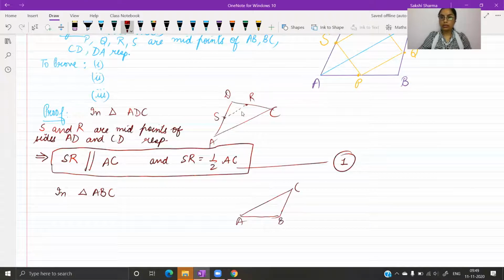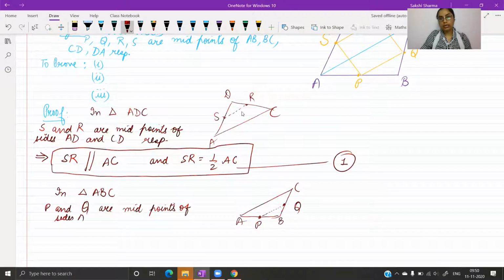In this triangle, I have midpoint of AB as P, midpoint of BC as Q. The line segment formed by joining these two will be parallel to the third side. So in this triangle, P and Q are midpoints of sides AB and CB respectively.